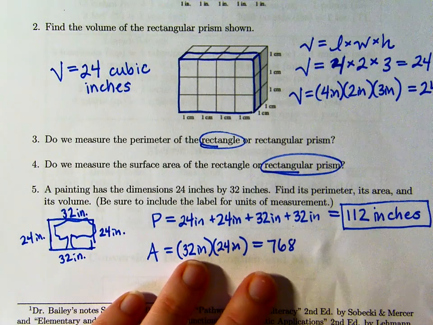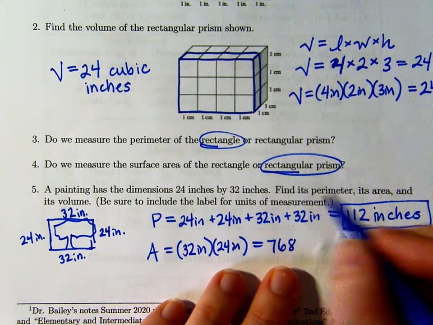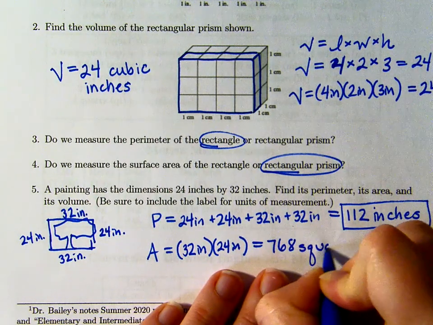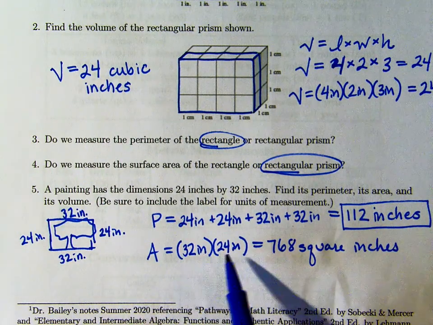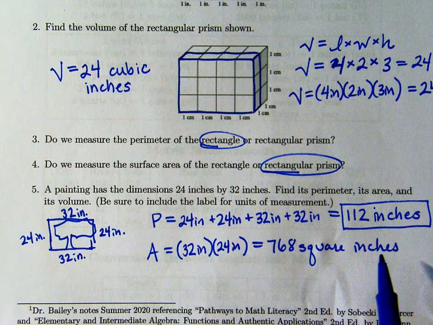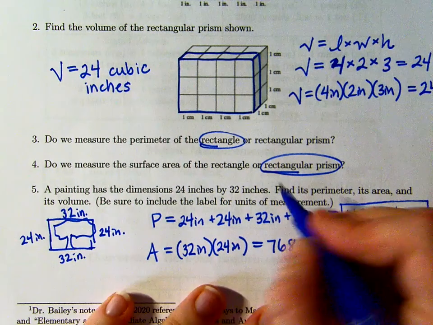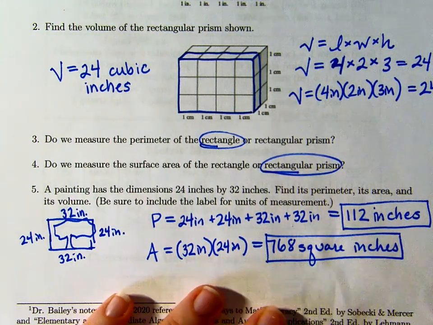I definitely didn't want to draw 768 little squares. Square inches. And don't forget that inch times inch is inches squared, or square inches.